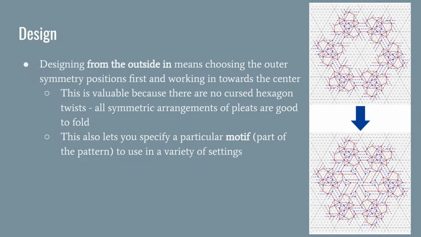Because with triangle twists, with rhombus twists, with frankly hybrid hexagon twists and different sizes of hexagon twists, it's kind of unpredictable if I have two pleats coming into an area and then the math dictates where the symmetry point has to be relative to those two pleats.